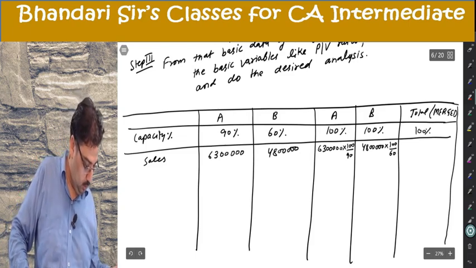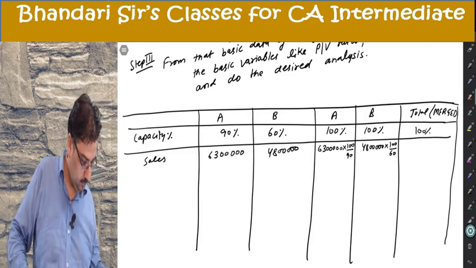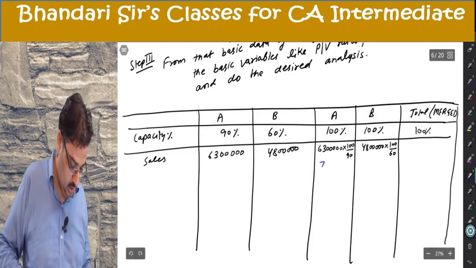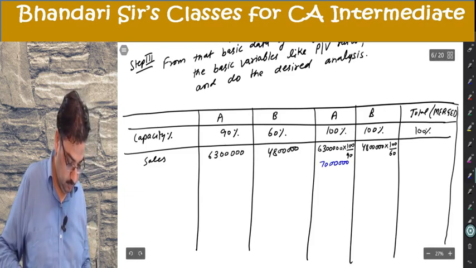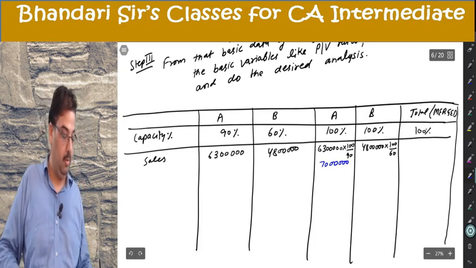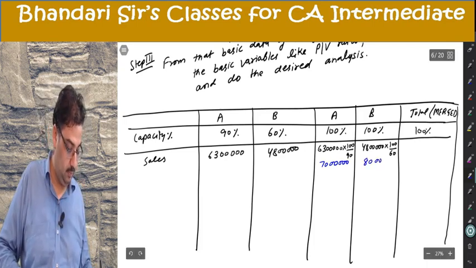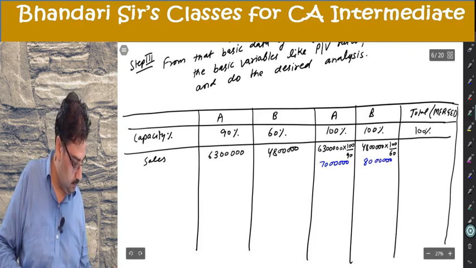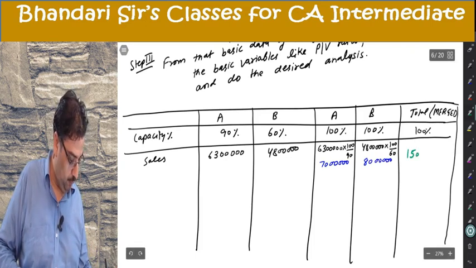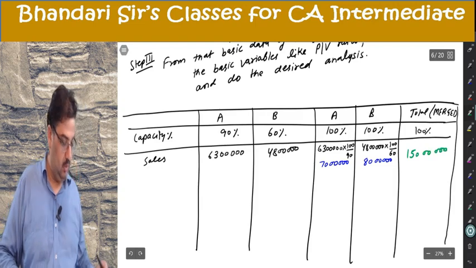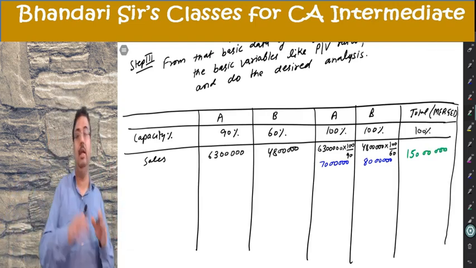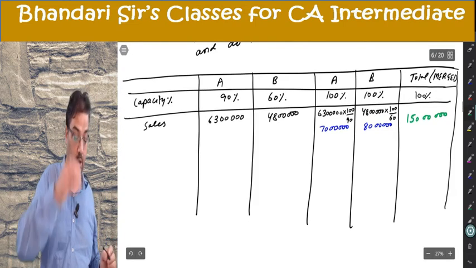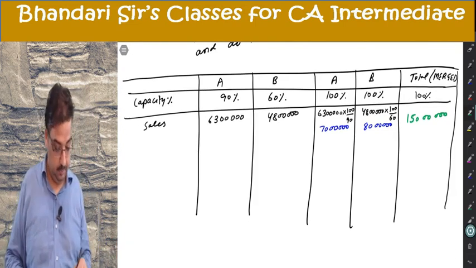So I compute what I get there. 63 lakh into 100 by 90 is 70 lakh. 48 lakh into 100 by 60 is 80 lakh. And what I get here? 1 crore 50 lakh. This green color data is what I need ultimately. These are all workings. Last column is most important for later research.